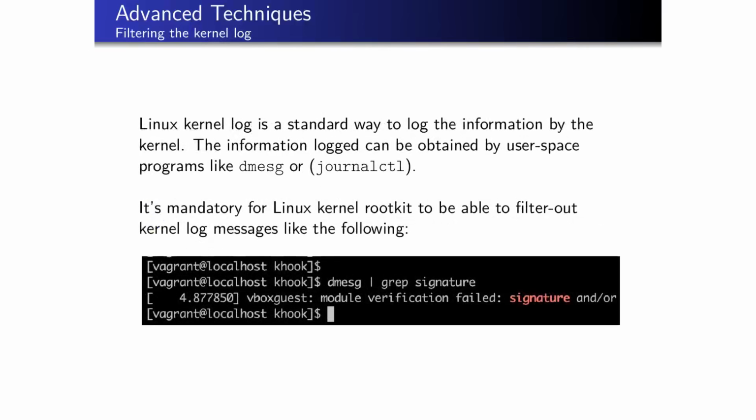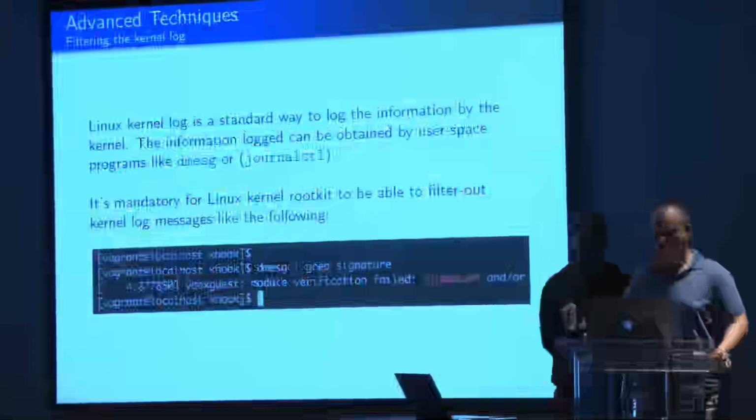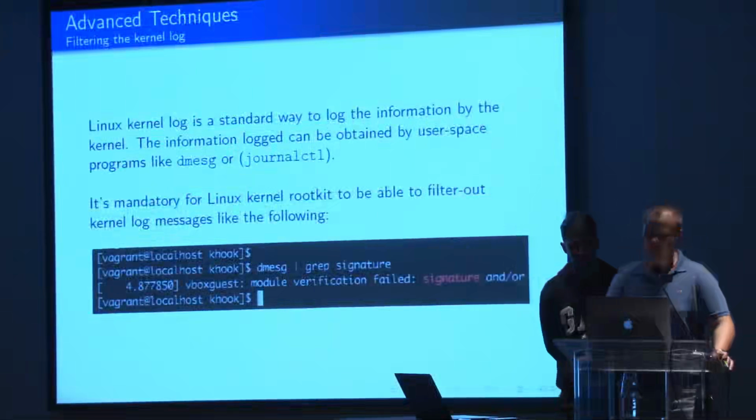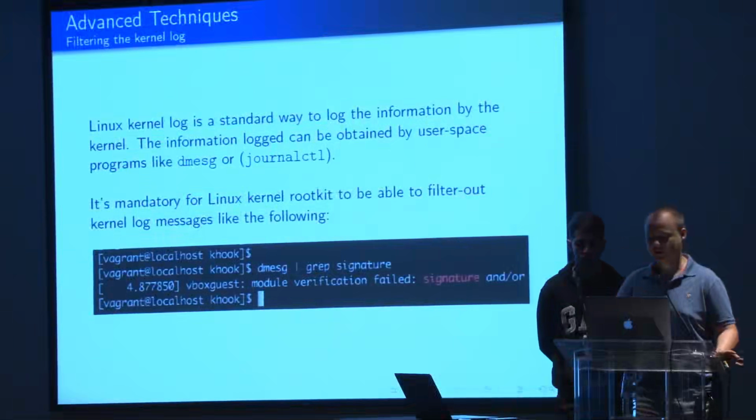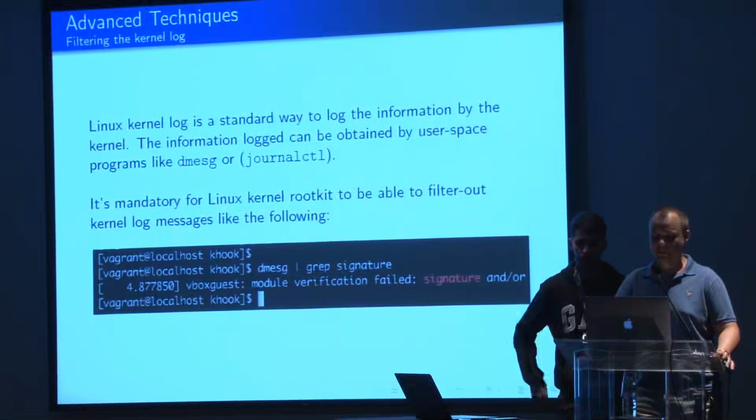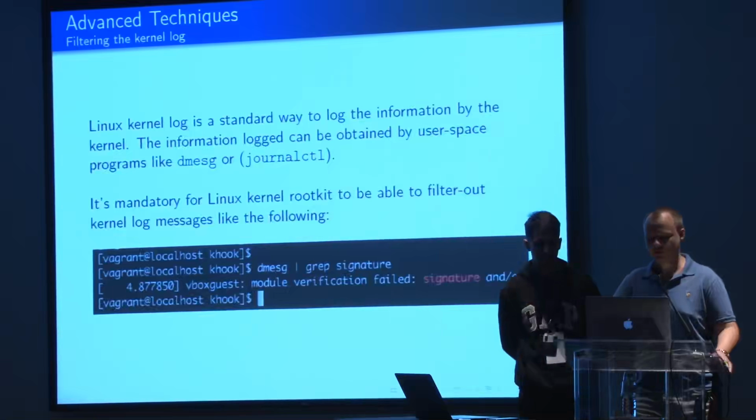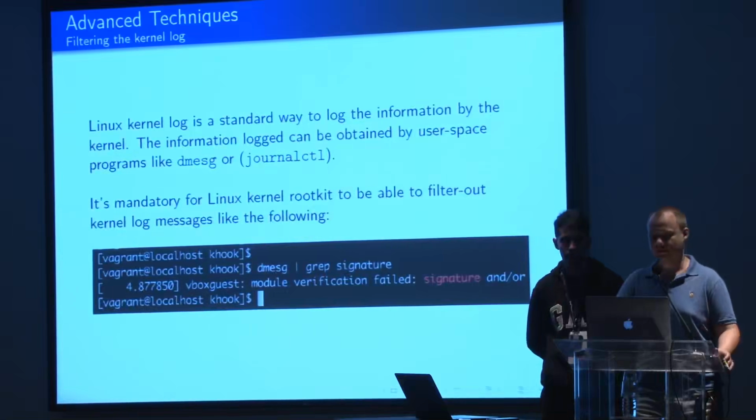The other technique is to filter out the kernel log. The kernel log is something you can observe using the dmesg command, and it is a buffer inside the kernel in which the kernel prints messages using printk. It can be useful when you want to hide some activity of a kernel module from being observed by utilities like dmesg and syslog.